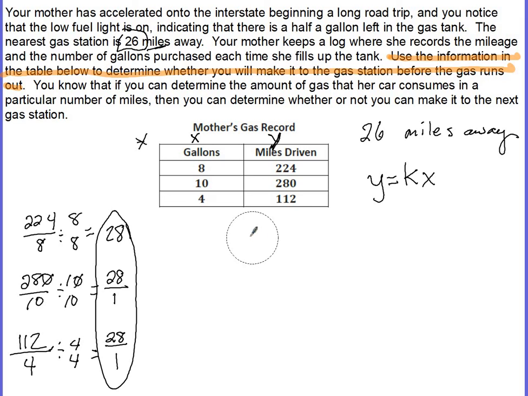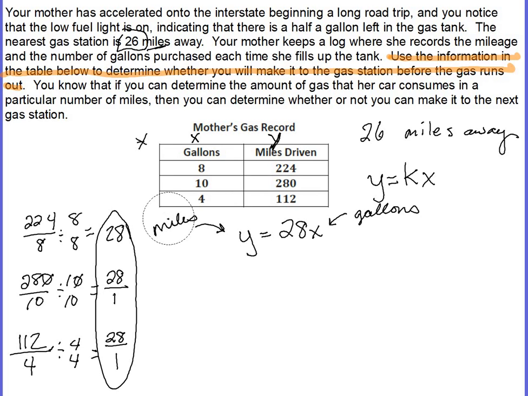So I'm looking for the number of miles that I can go, and if I take my constant of proportionality, which is 28, and multiply it by x, that should tell me how far I can go based on how many gallons I put in. And that, again, will tell me how many miles I can go.